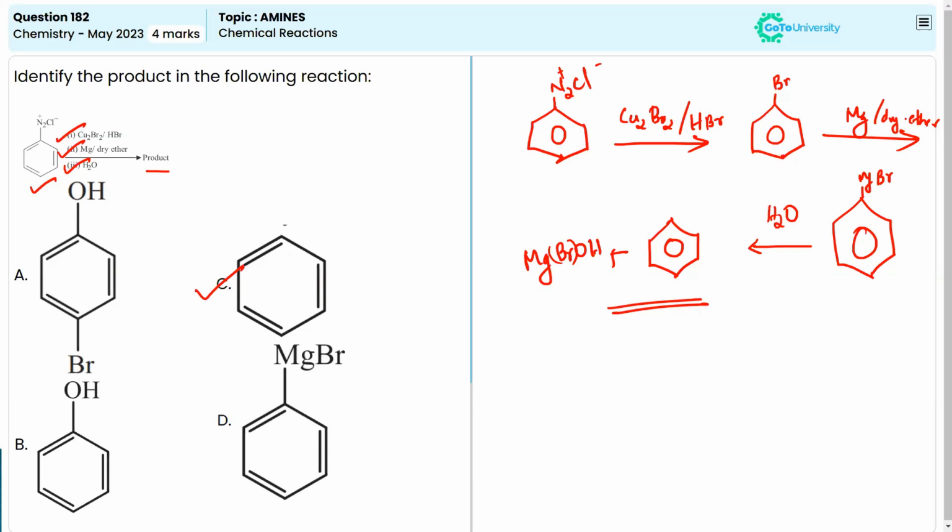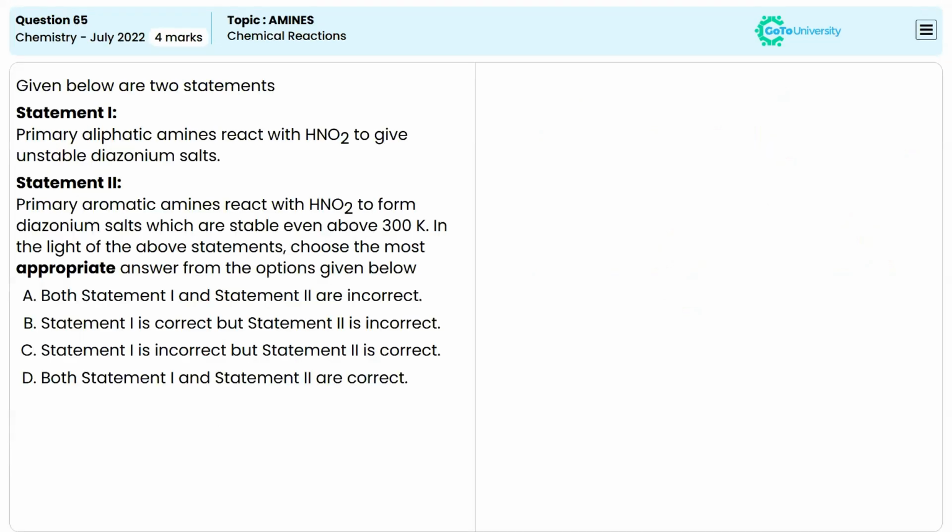Okay. Now coming to the next question. Here we have two statements and we have to find out the correct answer based on the two statements. The first statement is primary aliphatic amines react with nitrous acid to produce unstable diazonium salt. And the second statement is primary aromatic amines react with HNO2 to produce diazonium salt, which is stable even above 300 Kelvin temperature.